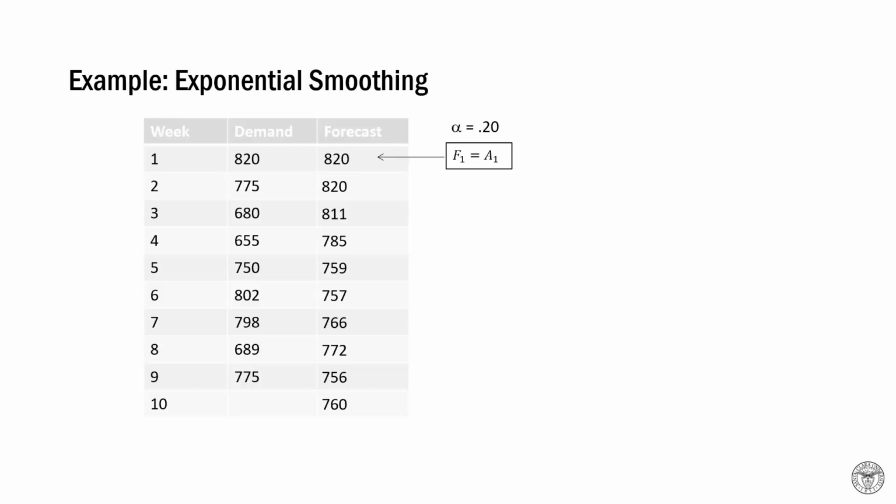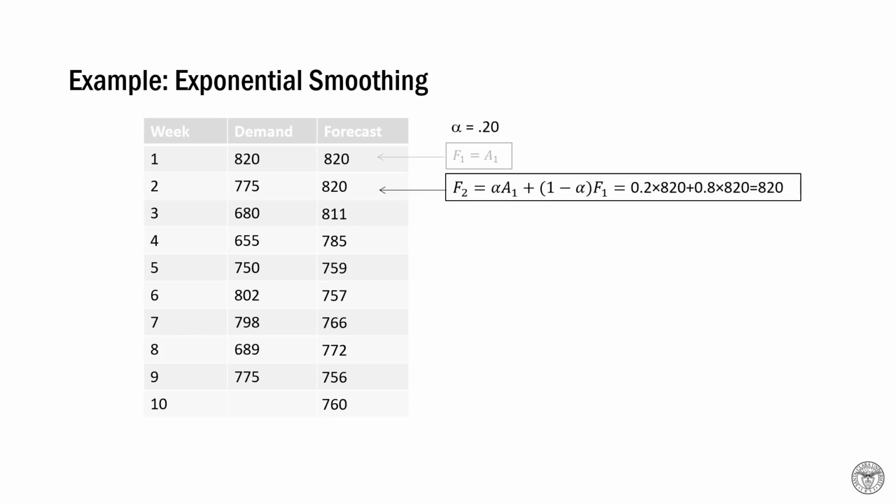Let's explore an example of how the exponential smoothing model works in practice. In this case, we start with an initial forecast F sub 1, which is equal to the actual occurrence A sub 1 of 820.